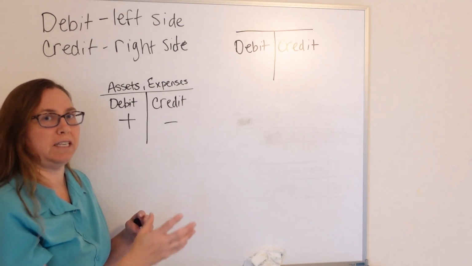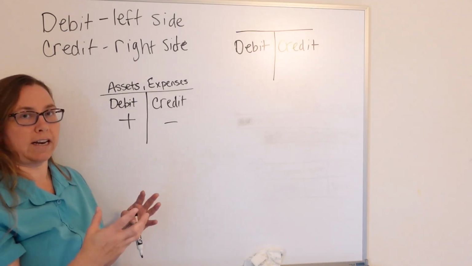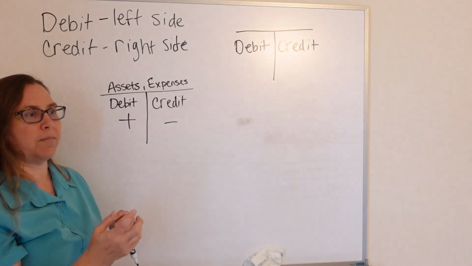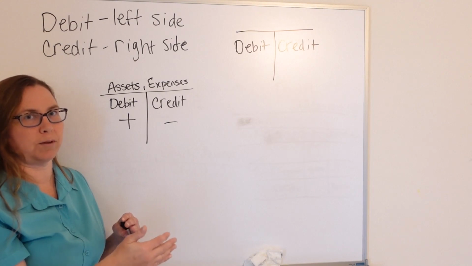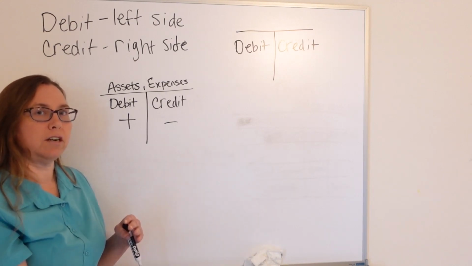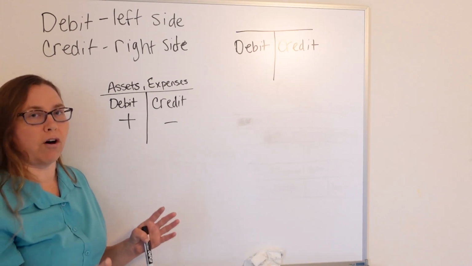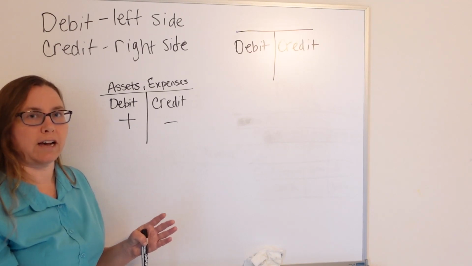Even though you're spending money, it's kind of confusing because you're adding to something. But the idea is you're going to keep adding to that expense. Every time you buy office supplies, you're going to add to that expense account. And then at the end of the year, you're going to want to see a total of all the money you've spent on office supplies for the year so you can put that on your tax form.